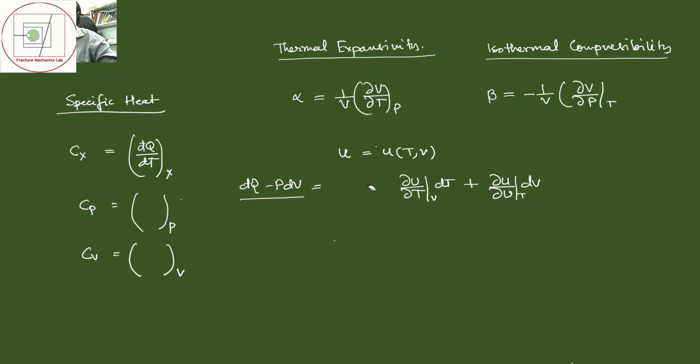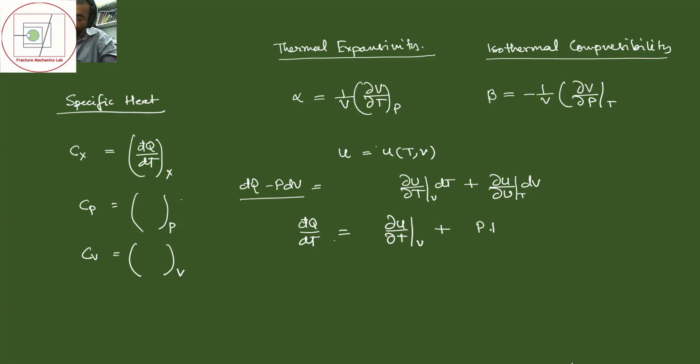In order to find out dq by dT, which we need for the specific heat definition, I can write dq by dT equal to del U by del T at constant volume, so dT is already gone, plus PdV will come here.